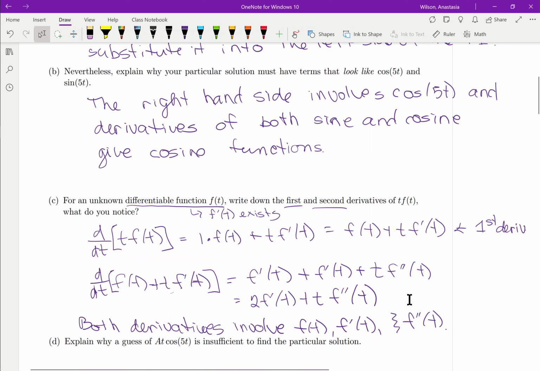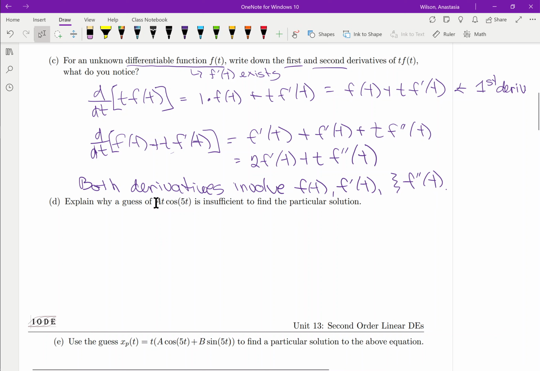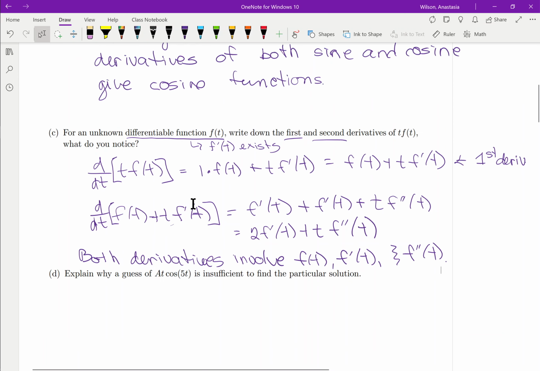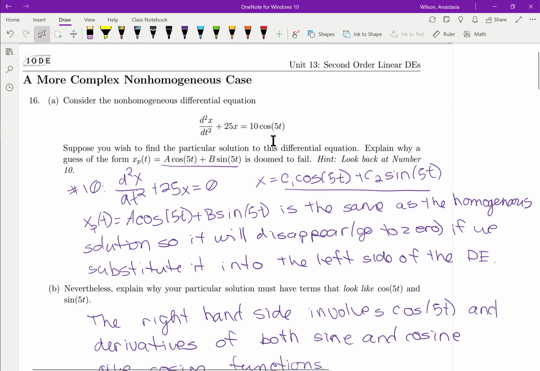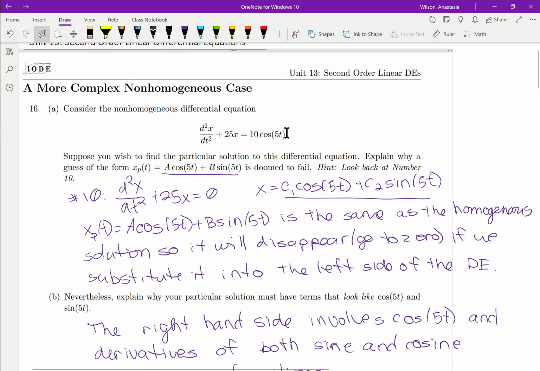So if we chose t times cosine or t times sine, we would still end up with something involving sine and cosine. So that leads us to maybe choosing a times t times the cosine of 5t, because we have cosine of 5t on the right-hand side.